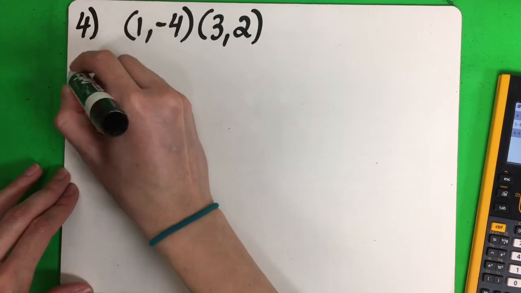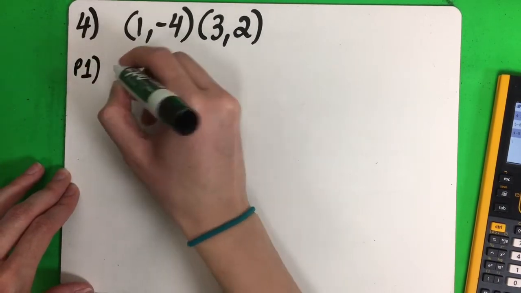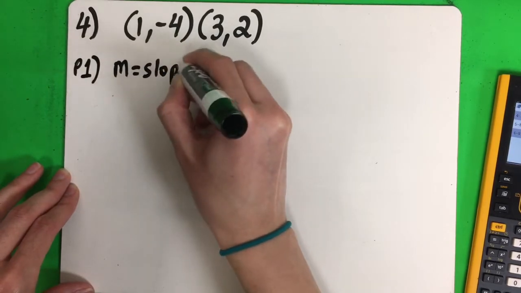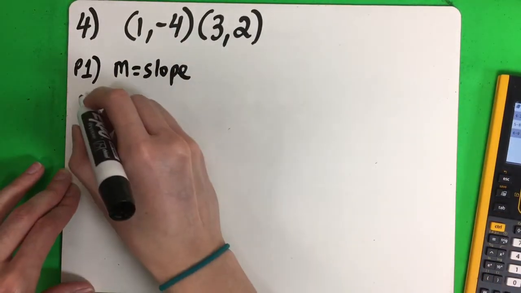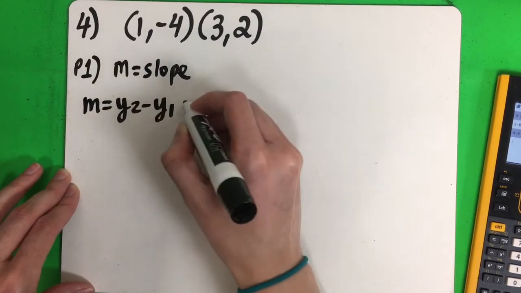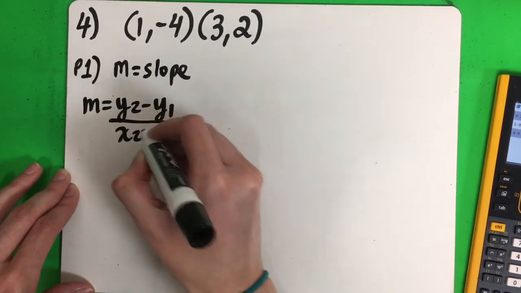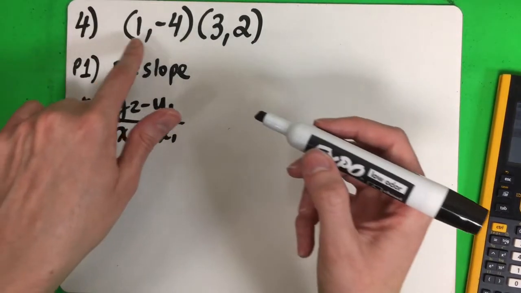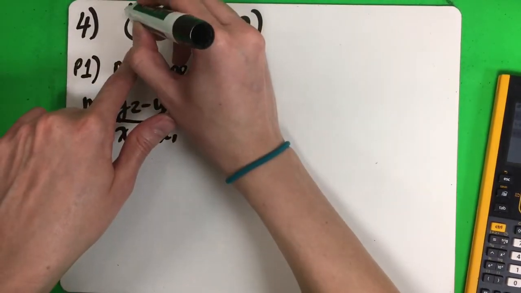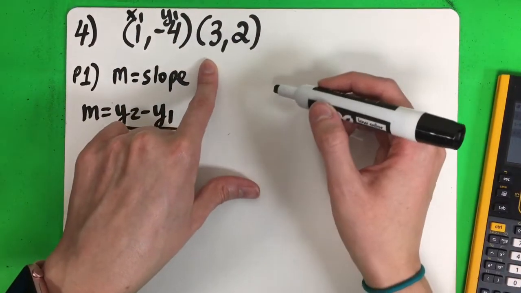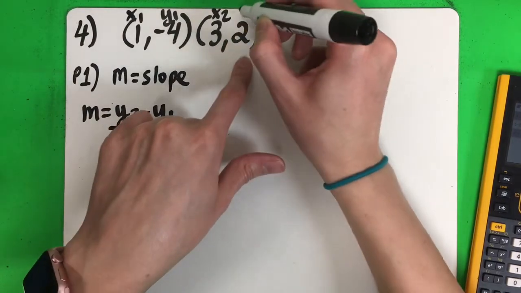So part 1, m, which is the slope, right? And that's easy to find. There's a formula for that. It's m equals y2 minus y1 divided by x2 minus x1. Okay? And so I have 2 points, so I can do x1, y1, x2, y2.